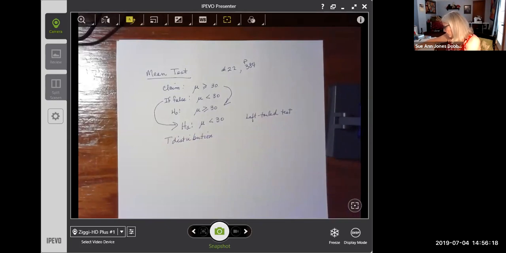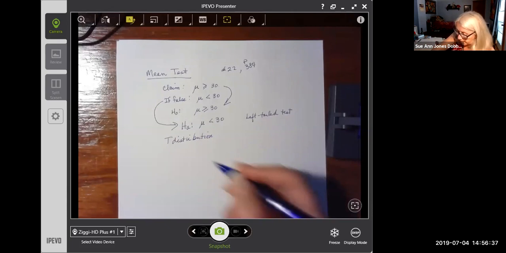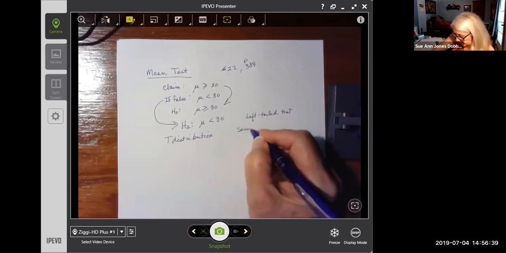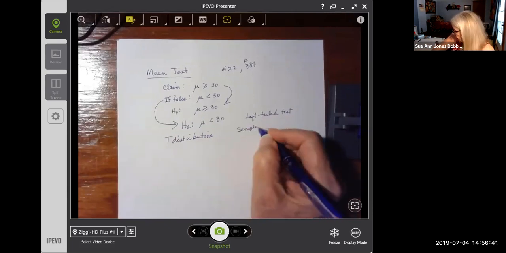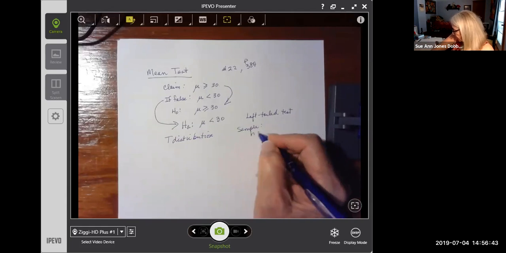So the problem continues to say, you suspect that this claim is incorrect, and find a random sample of 18 MP3 players that have a mean battery life of 28.5 and a standard deviation of 1.7 hours. Okay, so here's the sample. This is the data from the sample. N equals 18, because there were 18 players.